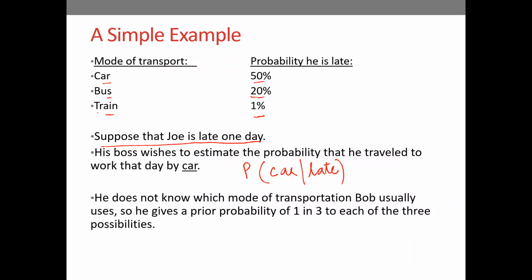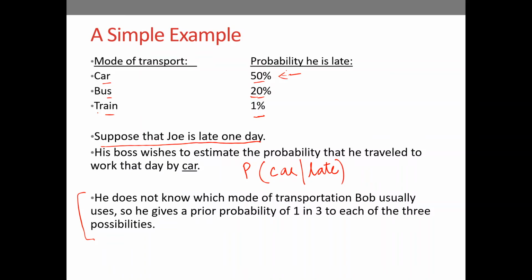Okay, so in this situation, I do have some information about the probability that the person is late given car, because this information is already there, right? So this is something that's available to me. There is some additional information given here.